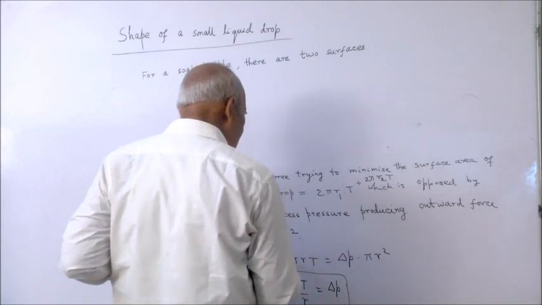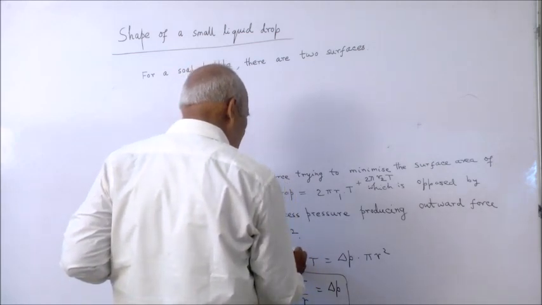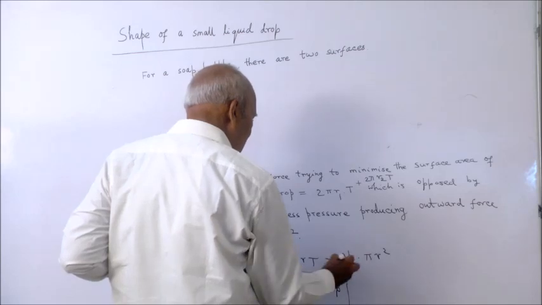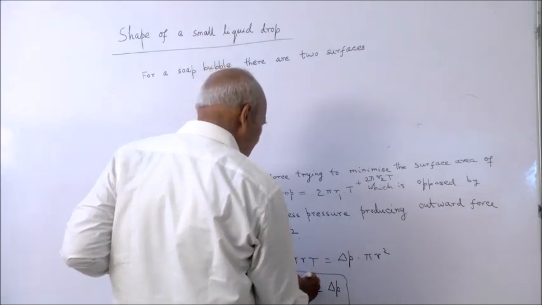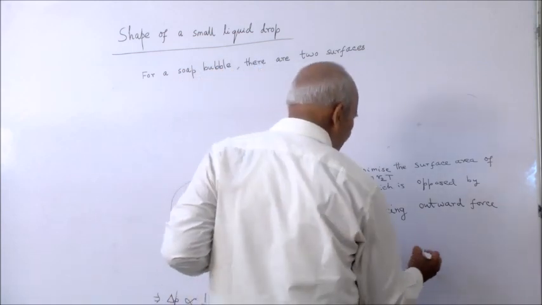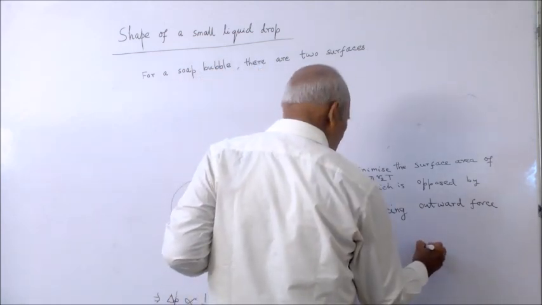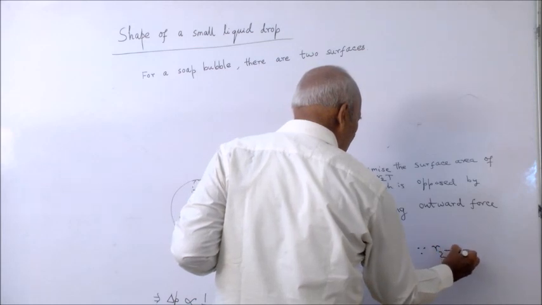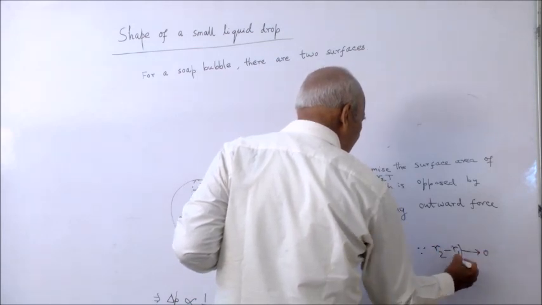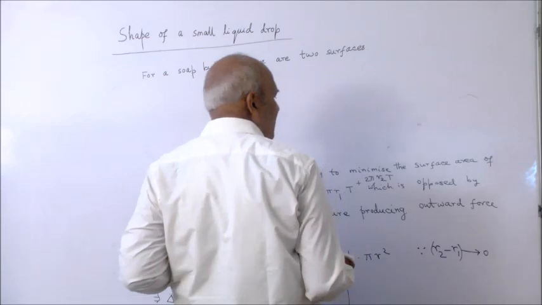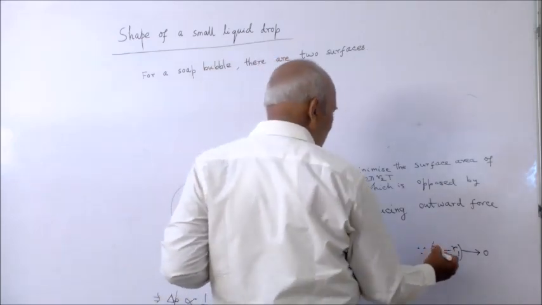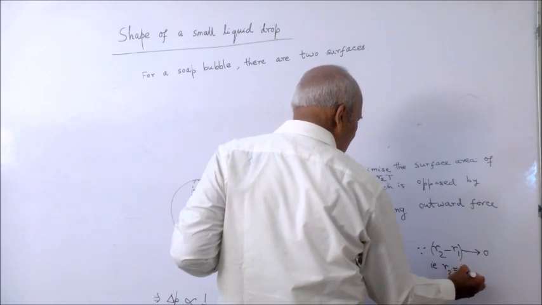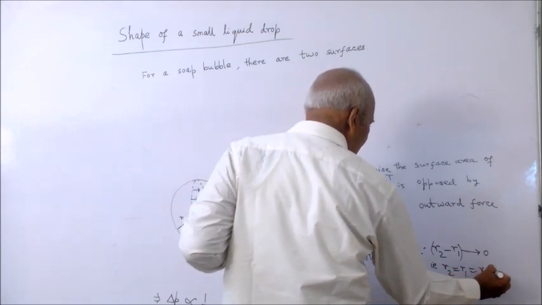So, here it is 4 pi R T is equal to delta P into pi R square, which gives delta P is 4T by R. Here we write this because R2 minus R1 tends to 0, external radius minus internal radius tends to 0, that is R2 is equal to R1 is equal to R say.